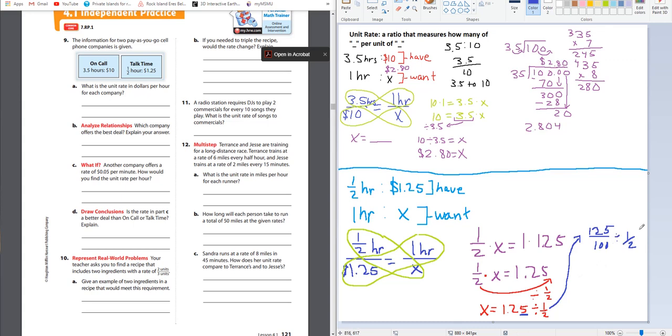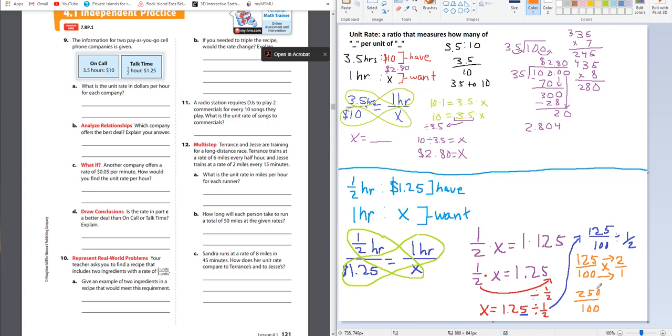That's it. Now that we're here, we just do keep switch flip, which is for division of fractions. We keep the first number, we switch the division to multiplication, and then we flip the second number. Then we multiply across, and this comes out to 250 over 100.